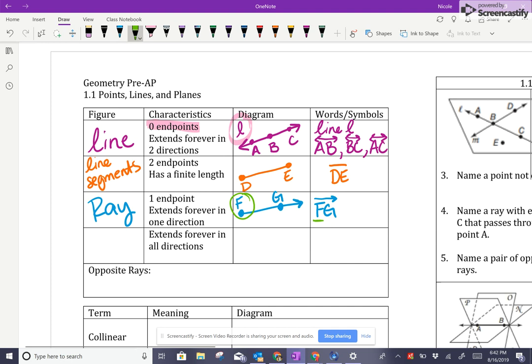So we cannot say that it is ray GF, because is the arrow moving towards F or is it moving away from F? So this one is a big no-no. Cannot write your ray as such.